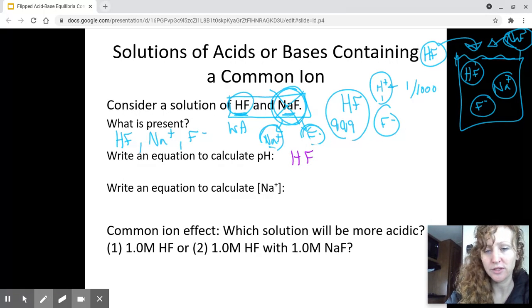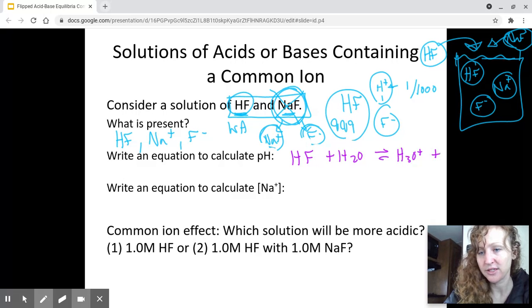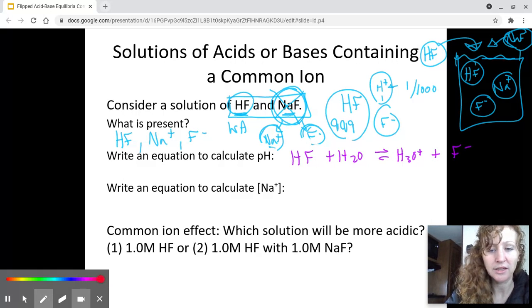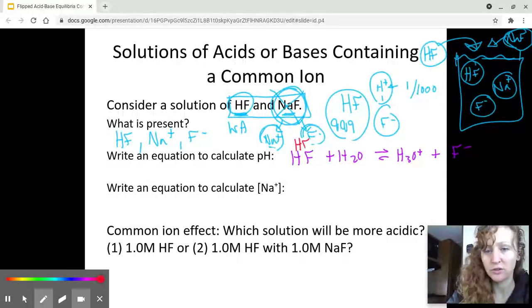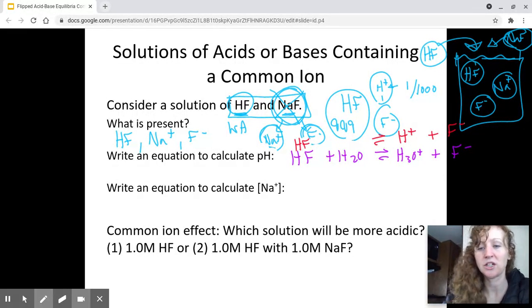HF dissociating or reacting with water is going to give us an H plus or a hydronium concentration. Remember, you can write this as the dissociation reaction. We can pretend that it's actually a dissociation reaction, or we can write it as the actual reaction that happens.